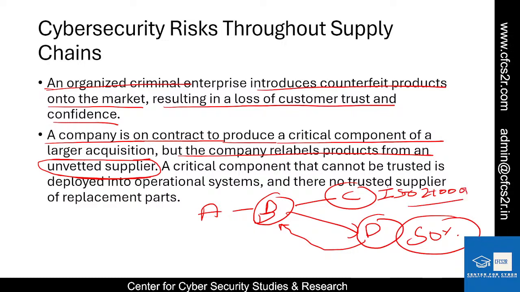These certifications give us trust that the organization with which I'm working has implemented a lot of security controls. Otherwise, we get a critical system that cannot be trusted in deployed and operational systems, and there are no trusted suppliers for replacement parts.